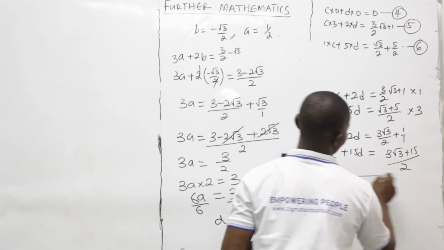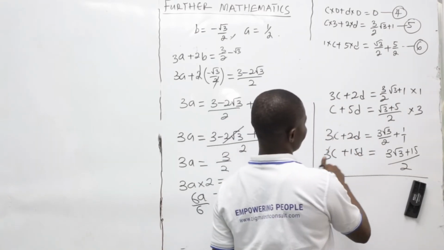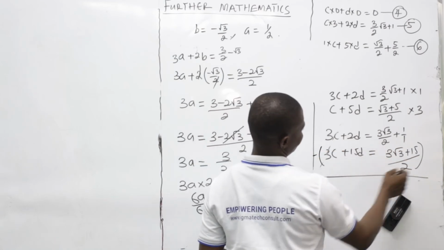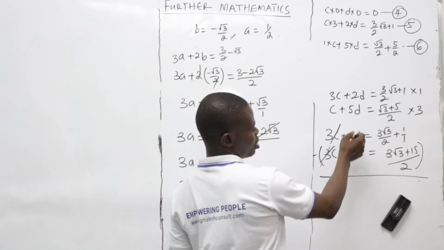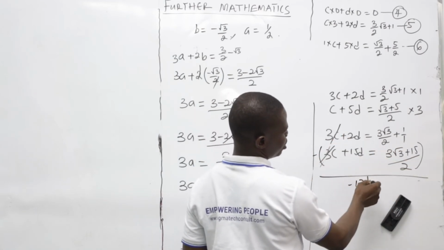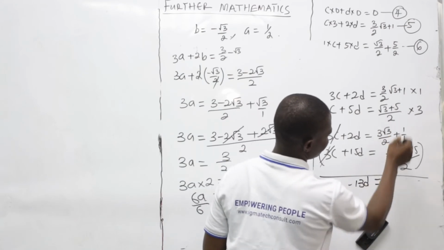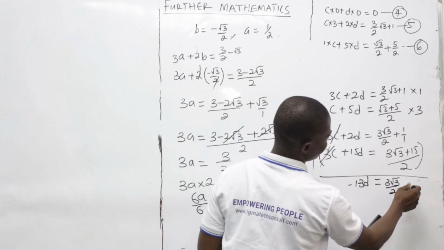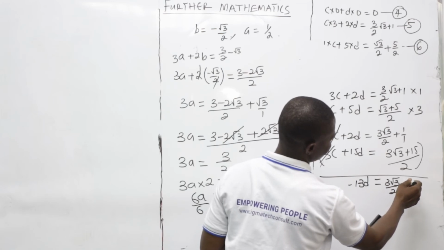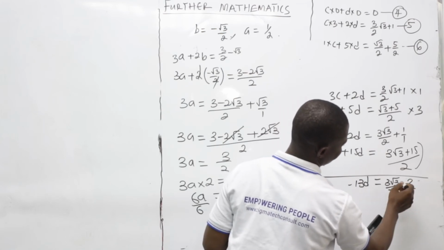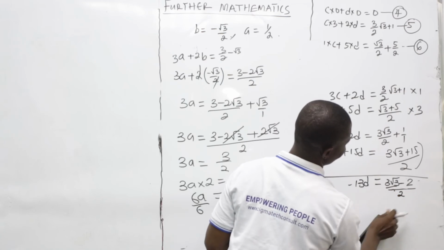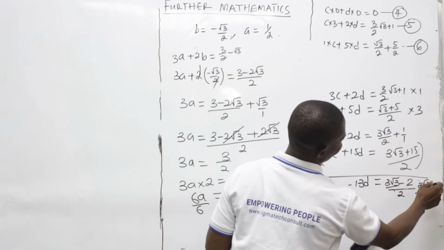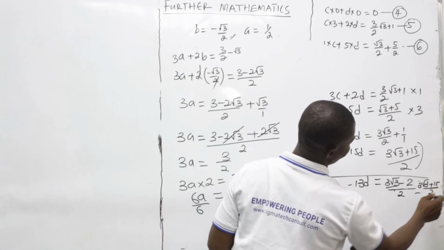Okay. By elimination methods, after this multiplication, we introduce minus. You can see this will cancel this. This minus this is minus 13d. So let us get this part: 3√3 all over 2 minus 2, then minus (3√3 plus 15) all over 2.